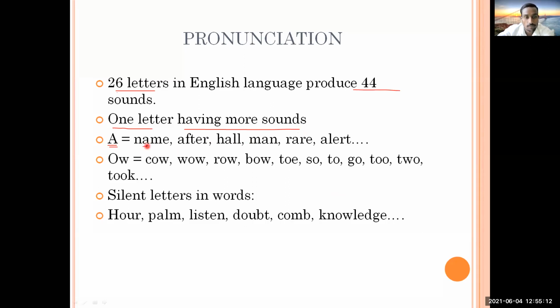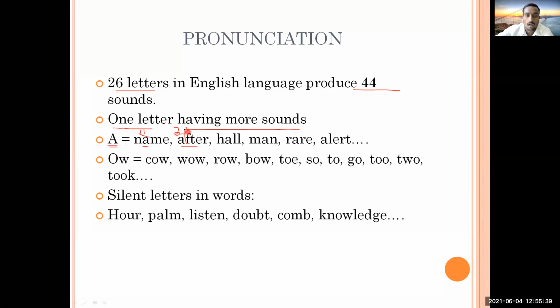So what is here now? Name. Which sound are you getting here? It is A. Okay, so now we are getting the A sound. But wherever A is there, is it always A? No, it will not be. Now we have another word.